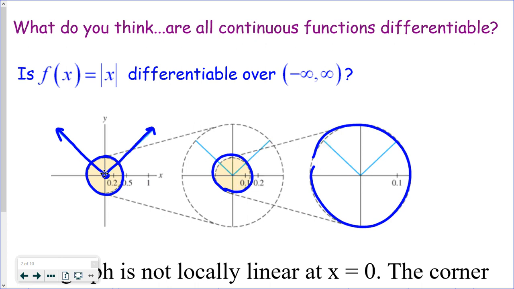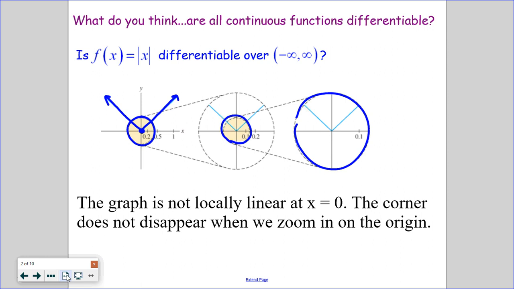So that means that the function absolute value of x is not differentiable at x equals 0. Another way to think of this is the graph is not locally linear at x equals 0 because the corner does not disappear when we zoom in on the origin. It's never going to look like a line.